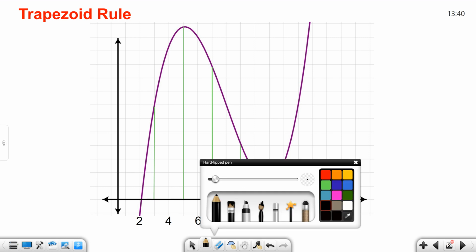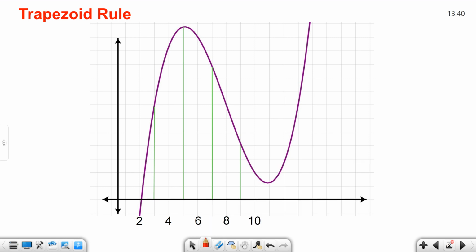So refreshing some terminology here for those of you that may have forgotten, b minus a over n equals delta x. What's b? Good. What's a? Yeah. So ending point, starting point, n? The number of divisions. Yeah, number of rectangles, whatever you want to call it.